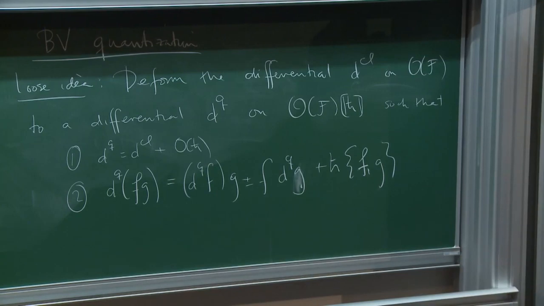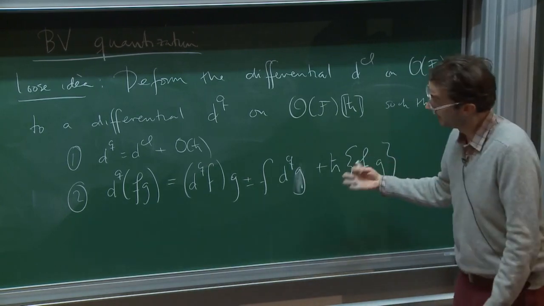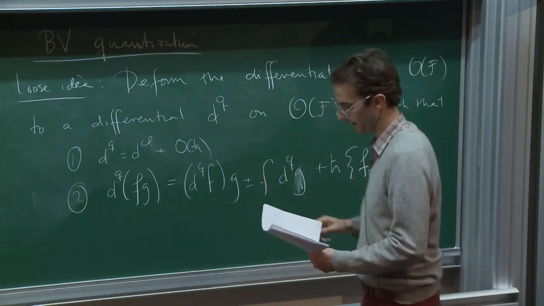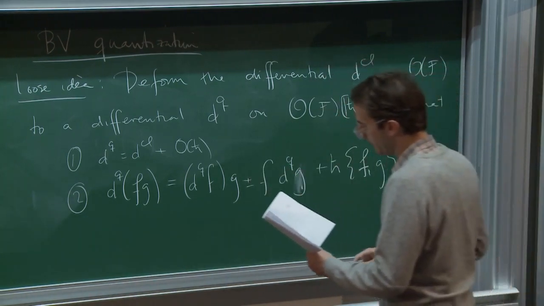Okay, so the Poisson bracket is telling us how to deform the differential, much like how in deformation quantization the Poisson bracket is telling us how to deform the product. You just shift the setting of the problem here.